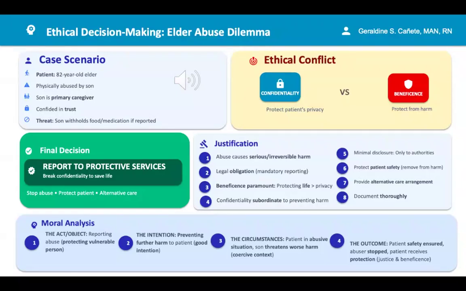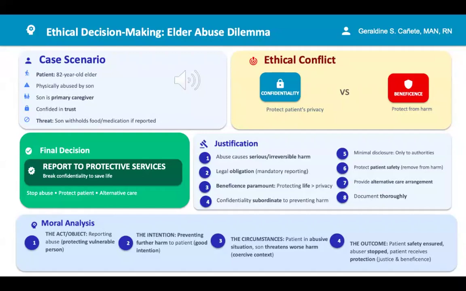So, what are your initial thoughts and feelings? What are the ethical and legal considerations that come to your mind? And what's the ethical conflict in this case? What competing principles are at play?